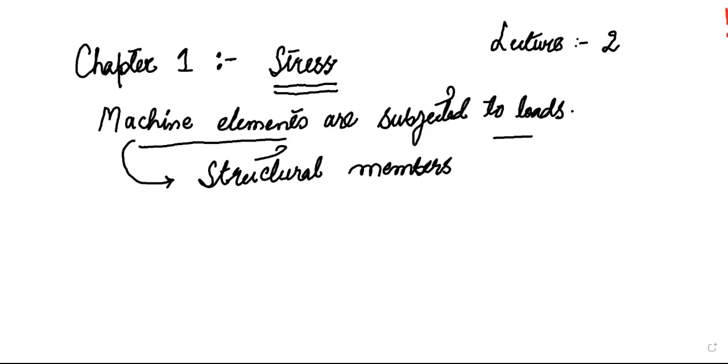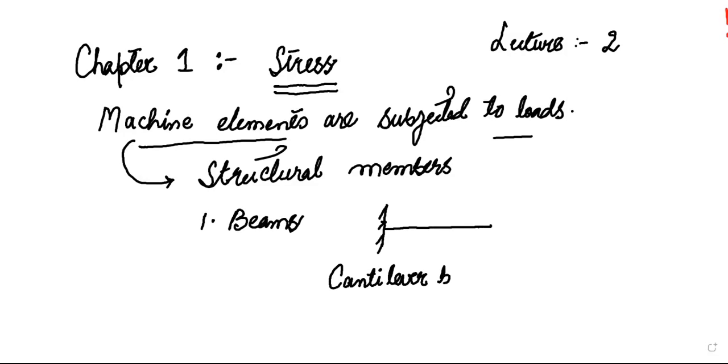For example, in structural members, we talk of beams. Let me take an example of beams. Beams are structural elements which are subjected to loads. For example, this is what we call a cantilever beam.